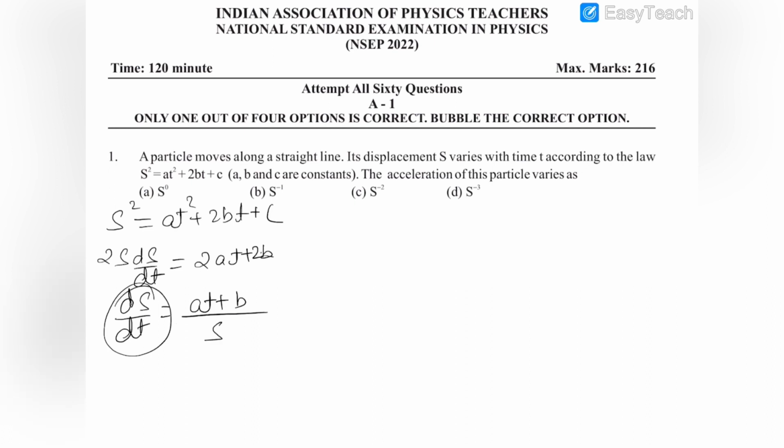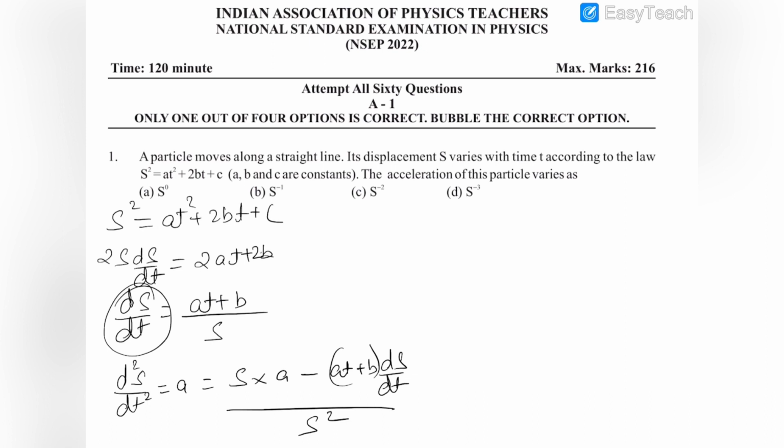This is velocity. So for acceleration, d square S by dt square, A will be equal to S into A, differentiating by the U by V rule, minus AT plus B into ds by dt divided by S square.